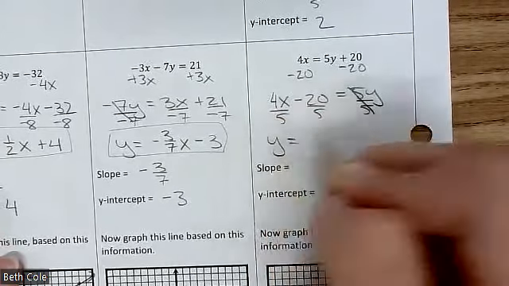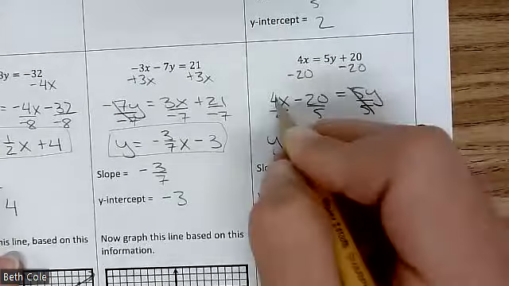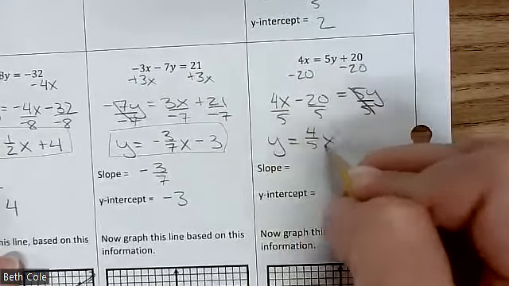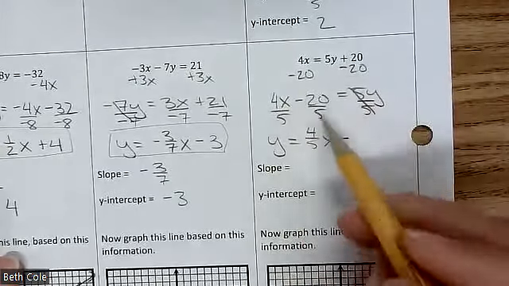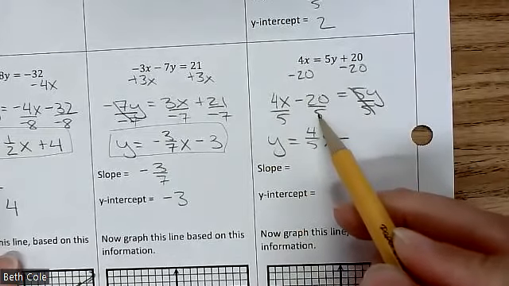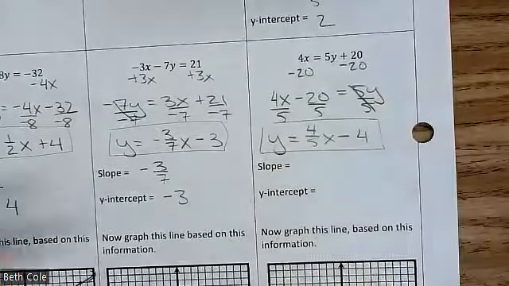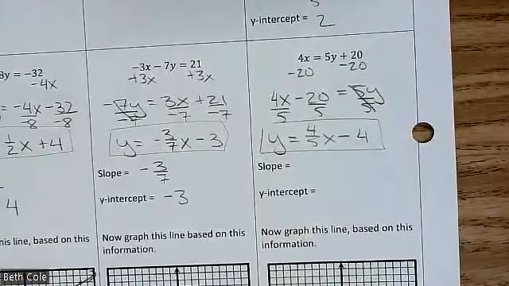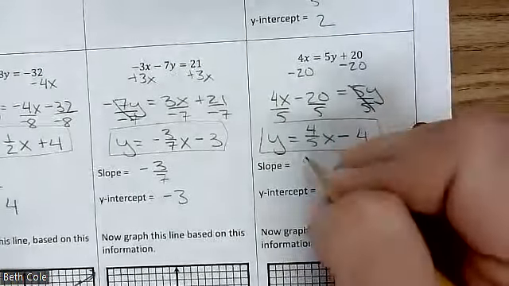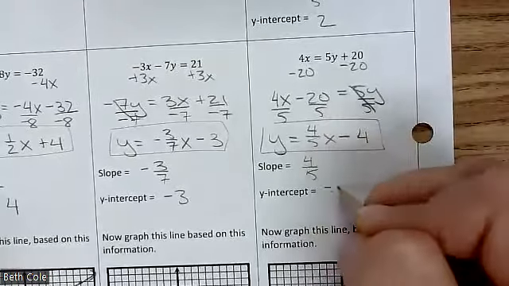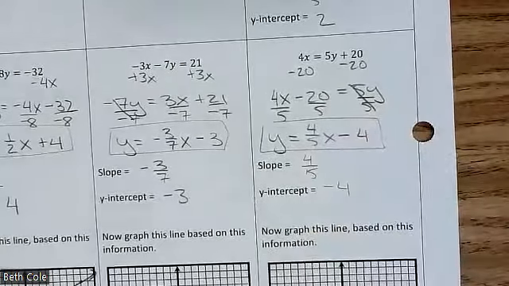Good. I'm going to flip this around because y is now alone. It'll be y equals 4/5 x minus 4. Good. 20 divided by 5 would give you 4. So your slope is 4/5. Your y-intercept is negative 4.